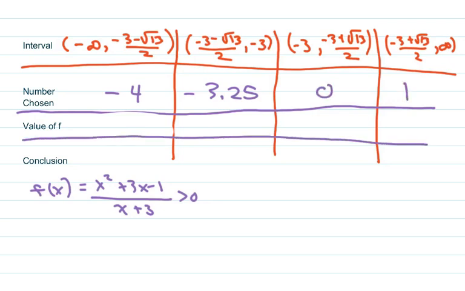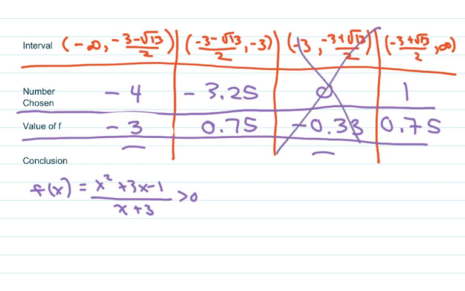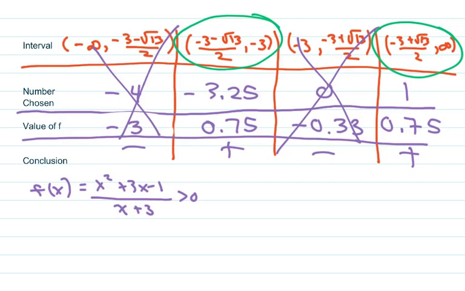The values I got were negative 3, then negative 0.75, which is 3/4, then a third, negative a third. When I plugged in 1, I got 3/4 again. Now we want the positive. This is negative and this is negative, so I don't want these. I only want my positives. So I'm going to pick this one and this one for my solution set.